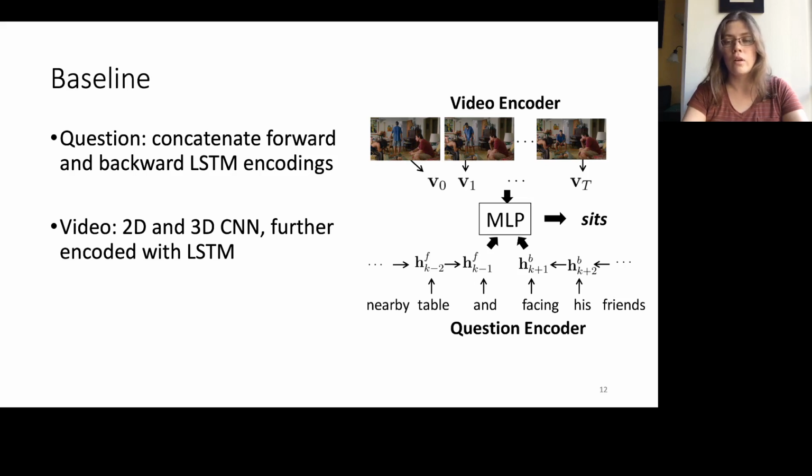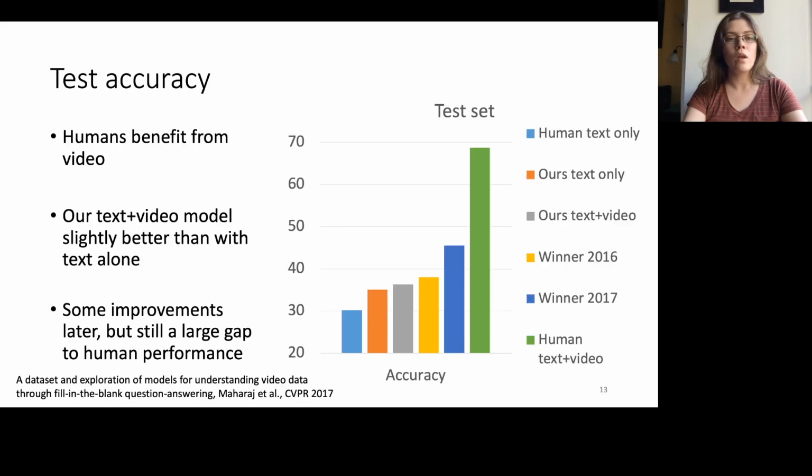We could have 2D or 3D CNN features over the video, also encoded with an LSTM. We could have a bidirectional LSTM over the question to capture the blank. This is what the typical methods looked like at the time of this work, that is about 2 years ago.